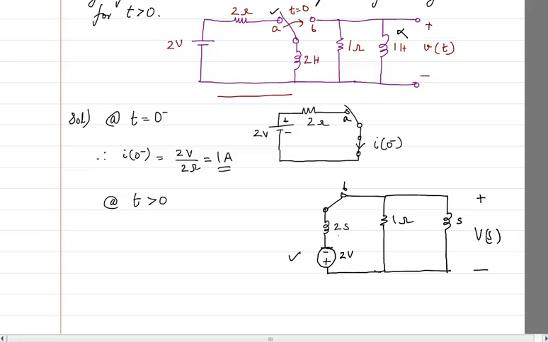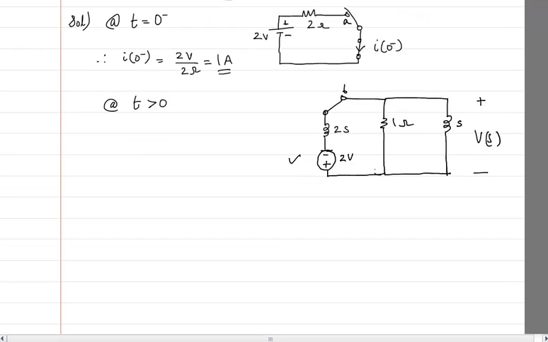So this circuit can be very much simplified and drawn as, these two are in parallel. So I can draw this very simply as this is 2s. This is a voltage source, minus plus, and this is 2 volt, and these two are going to be in parallel.